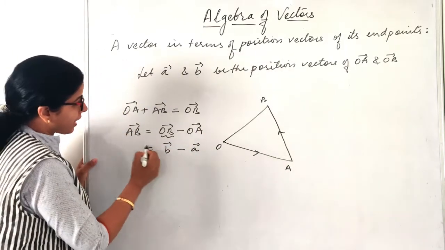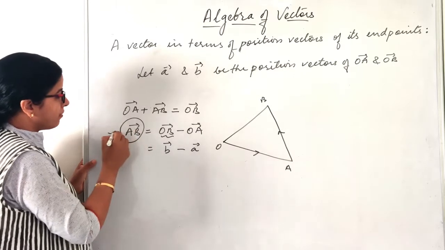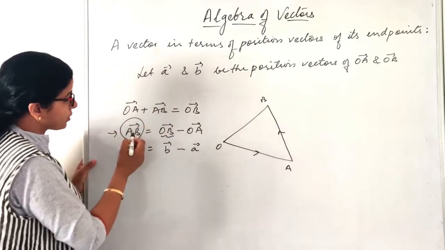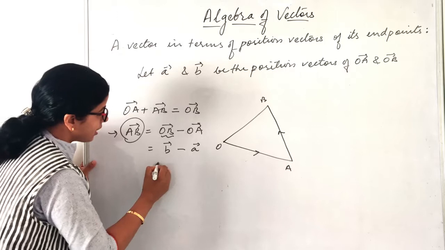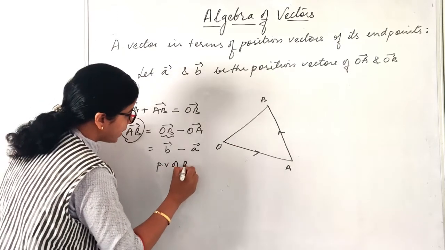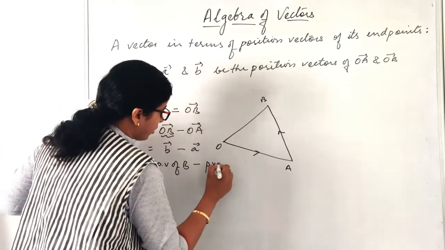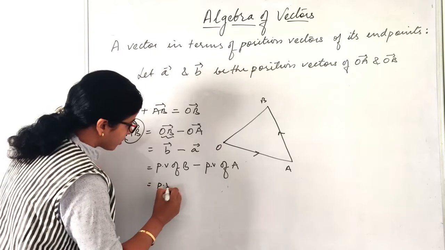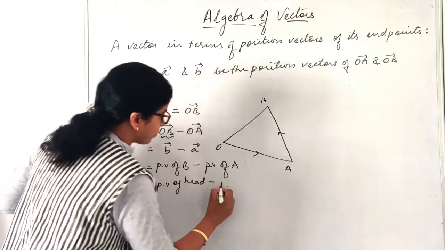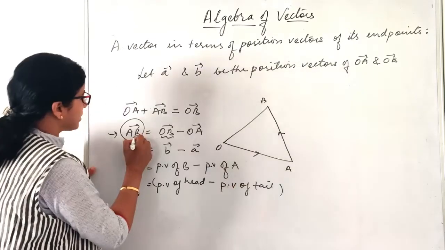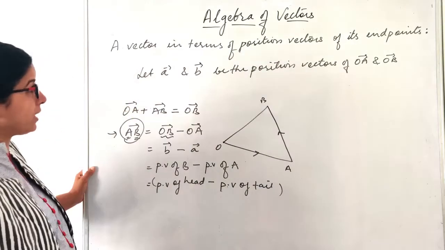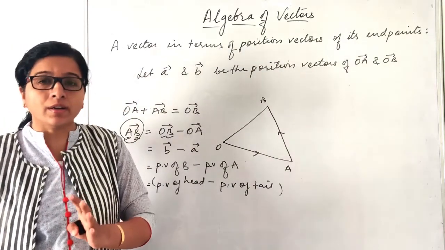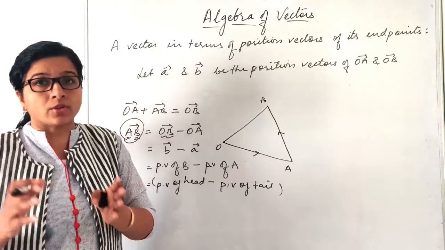So I can write, if I want to find a vector with respect to the endpoints of the vector, I can write this as position vector of B minus position vector of A, or I can write position vector of head minus position vector of tail. So this is my head, this is the tail, right? This is the way we can find out the vector with the help of the position vectors of the endpoints.